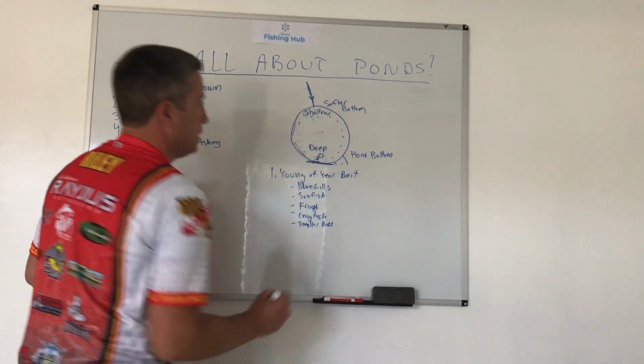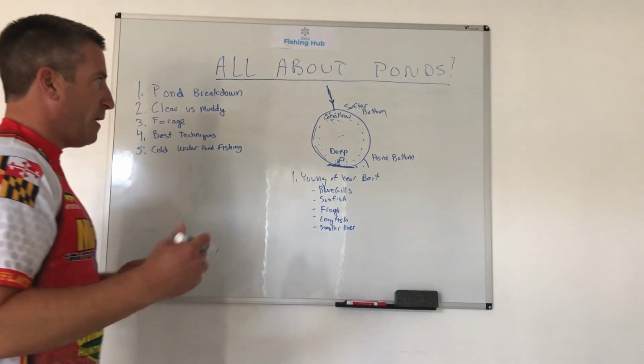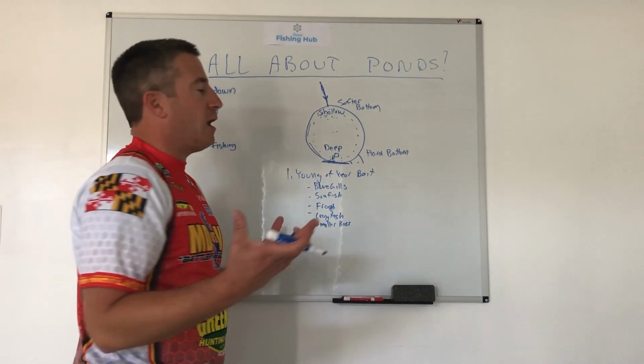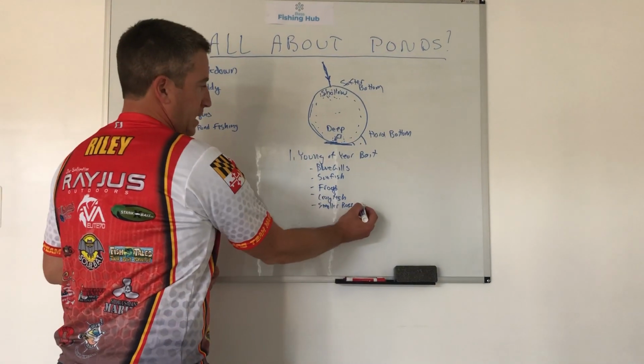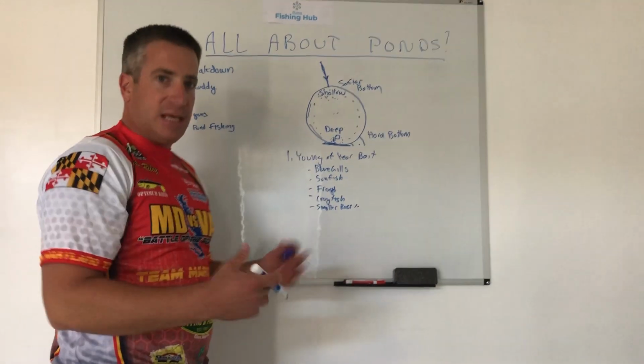Sometimes with ponds, they talk about how removing some of the fish from a pond can actually create a better environment because it's overpopulated. So a lot of times the bass cannibalize themselves and they actually eat the smaller bass.